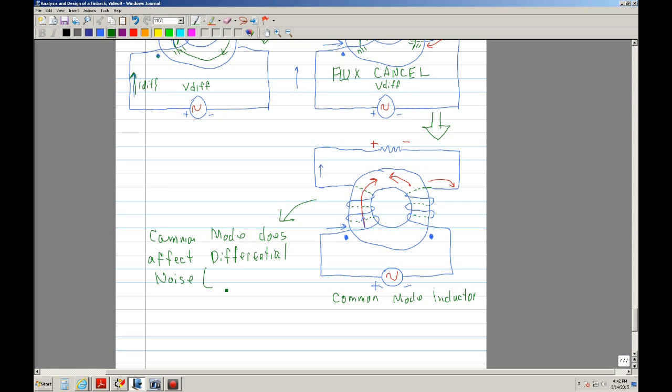In other words, it does not work, or does not affect, or does not do anything. It just acts like a piece of wire.